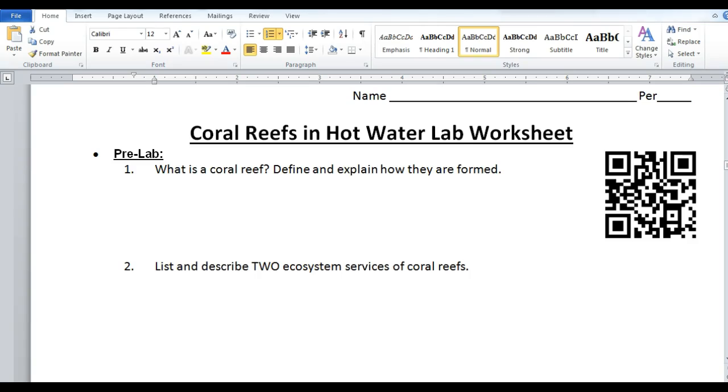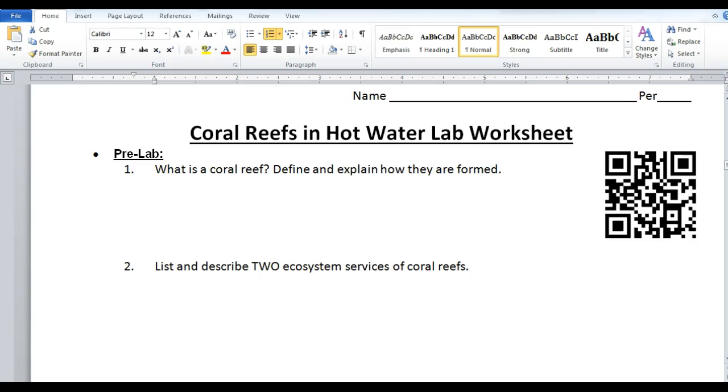Okay, algae and coral. It's two organisms. It's not just coral. It's not just algae. It's both of them together. They have a symbiotic relationship. It's actually mutualistic. They both benefit. The algae does photosynthesis, so it gets food, and the coral provides a home in exchange for getting some of that food from the algae. Okay, so the algae is actually what makes it colorful.